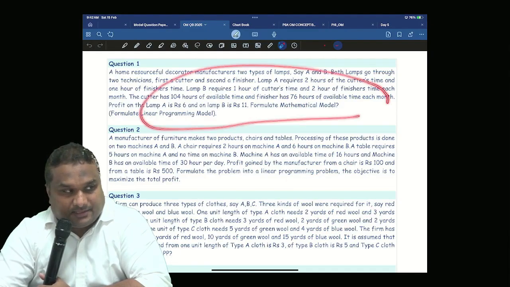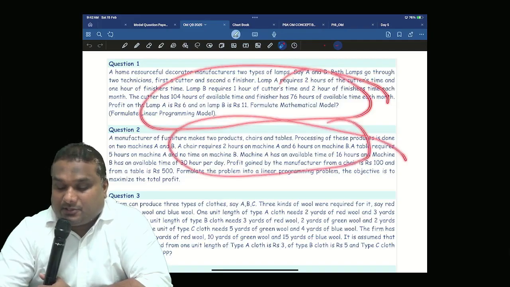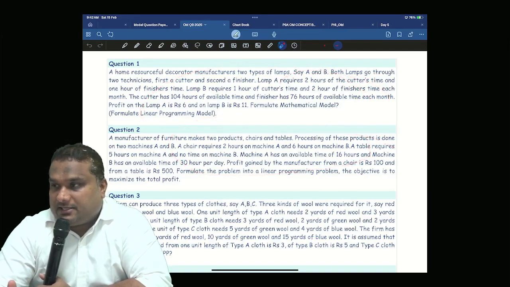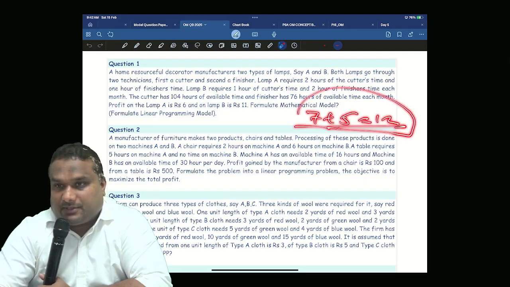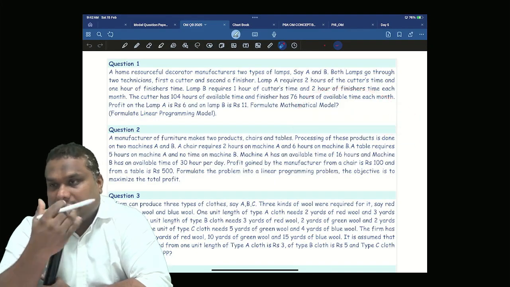This is the basic question, correct? After you attend all the questions which I am going to give you, 7 plus 5, 12 questions, I am going to cover in the material. Then I will cover all the questions in the institute material except the last 1 or 2 related to the graphical method, which is not required.